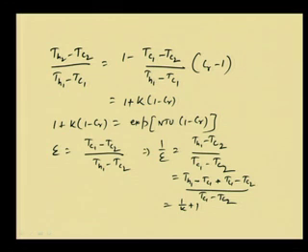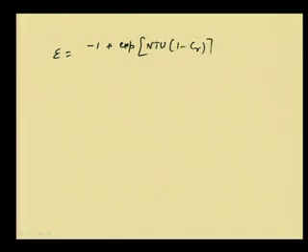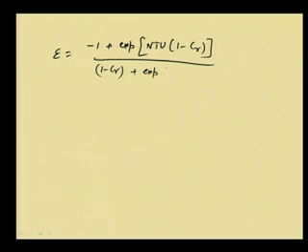So from there we can write that k equals epsilon by 1 minus epsilon. So just putting the value of k over here, we can write that epsilon is equal to minus 1 plus exponential NTU into 1 minus CR, divided by 1 minus CR plus exponential NTU into 1 minus CR minus 1.